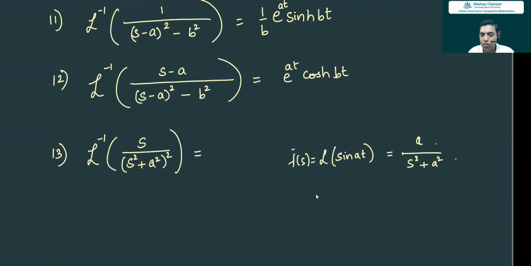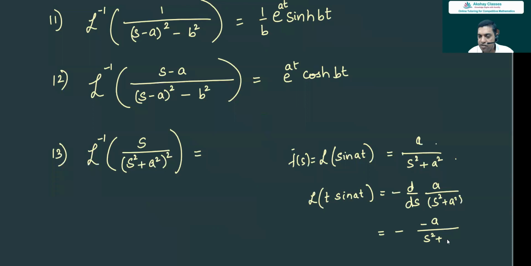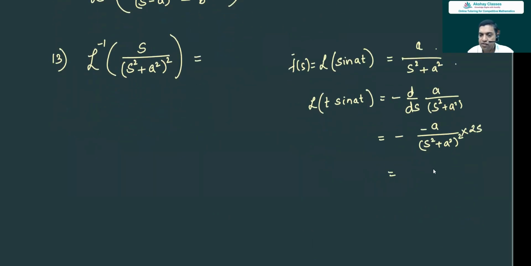Now Laplace transform of t sine at is minus d by ds of f bar s, that is a by s square plus a square. So the derivative will be minus a upon (s square plus a square) the whole square into 2s. So you get 2as upon (s square plus a square) the whole square.